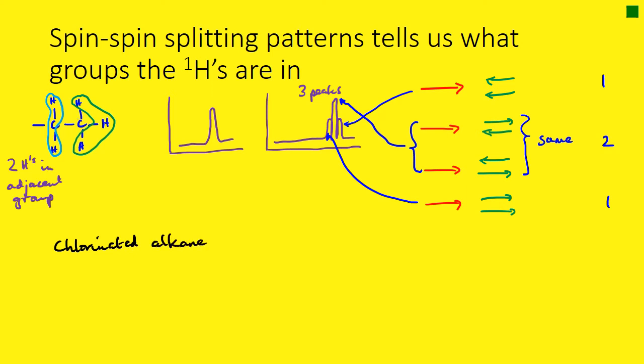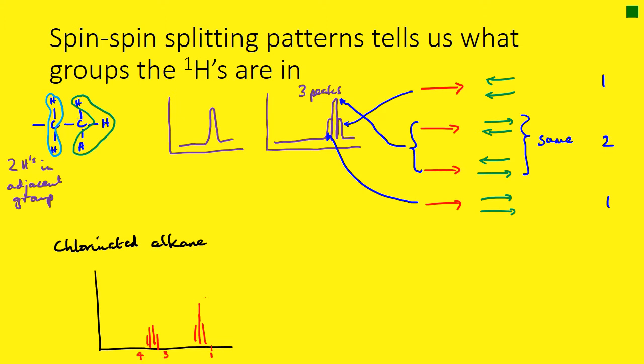That's all we know, but we're given the spectrum like so, and we've got 3 peaks like so at about 1 point something, and we've got 4 peaks like so at 3 point something.